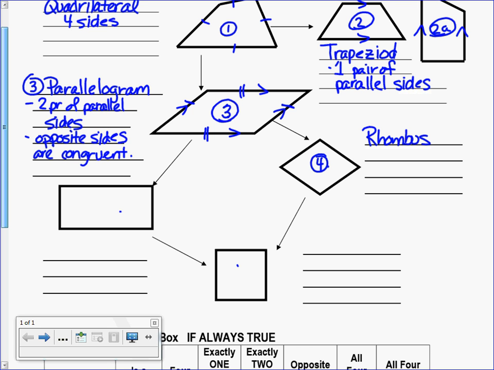I'm going to say that my rhombus is a parallelogram. That means that it has two pairs of parallel sides and its opposite sides are congruent. So it is a parallelogram.